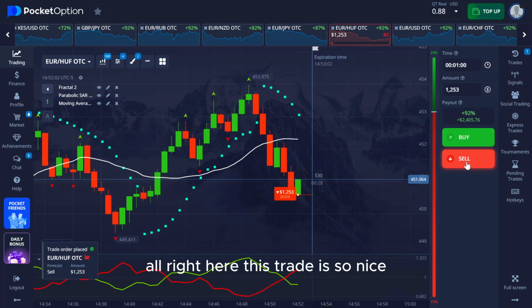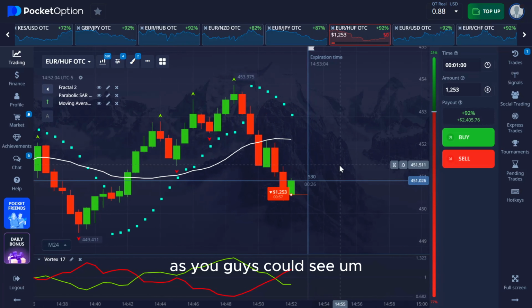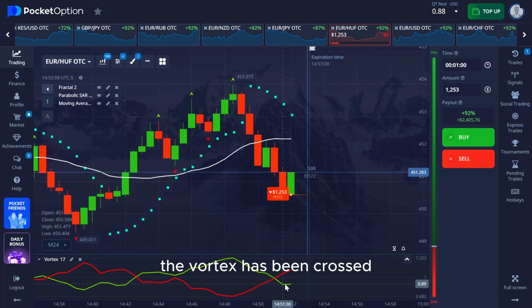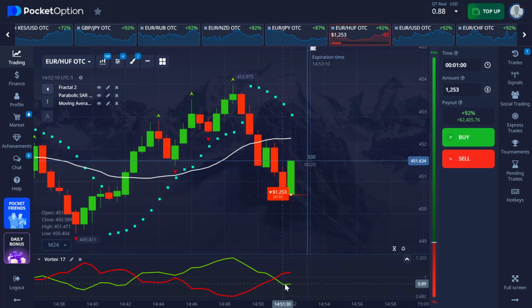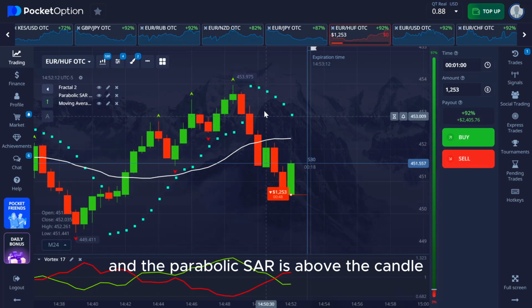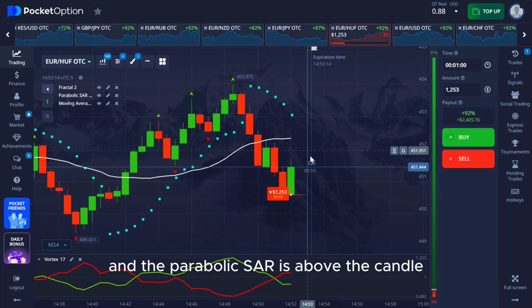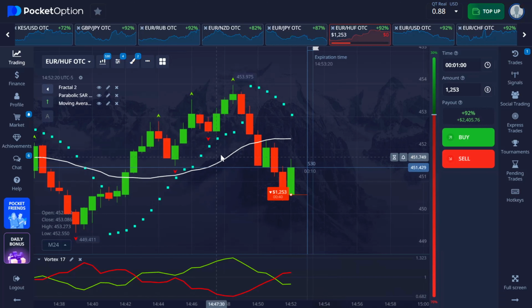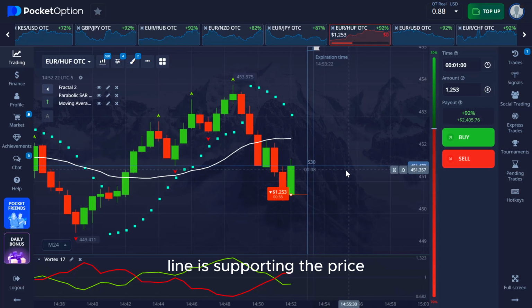This trade is so nice. As you guys could see, the vortex has been crossed and the parabolic SAR is above the candle and the support line is supporting the price.